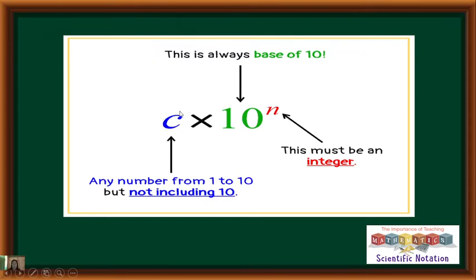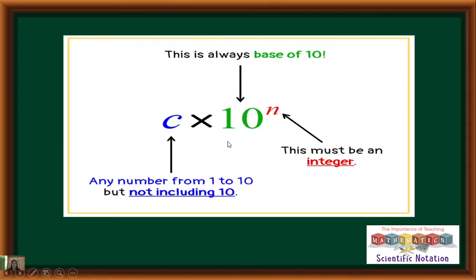It is any number from 1 to 10 but not including 10. Okay, so equal to 1 but less than 10. Since they are factors, in between them we have multiplication. So, C times 10. This is always base 10 raised to n, and this must be an integer.